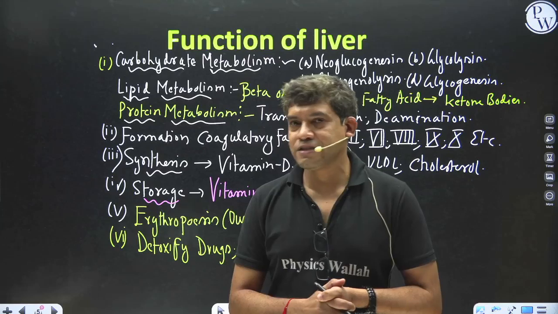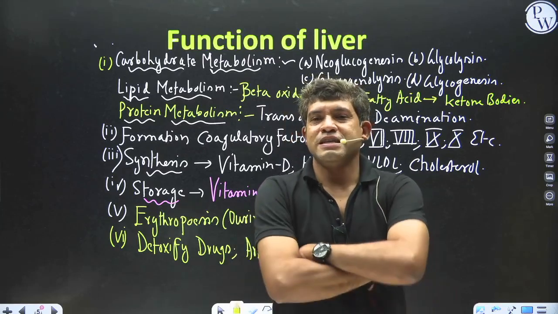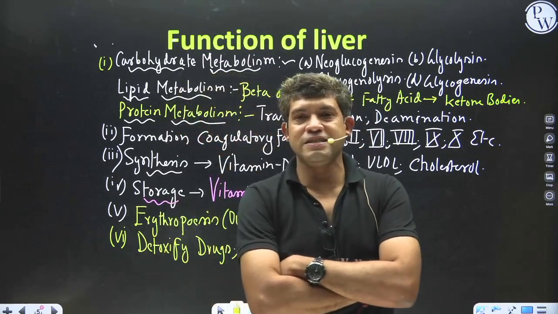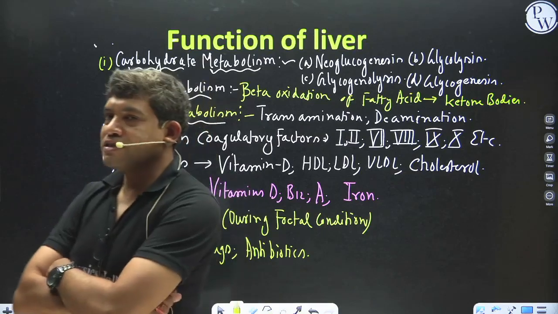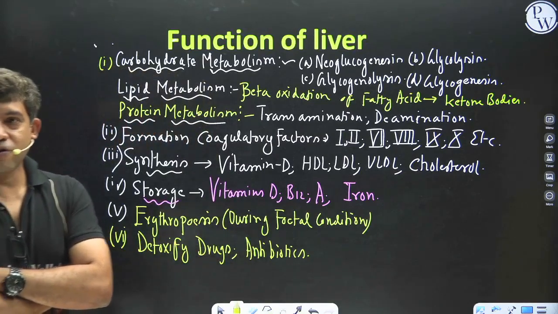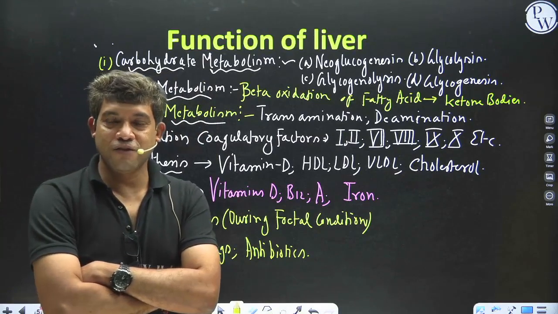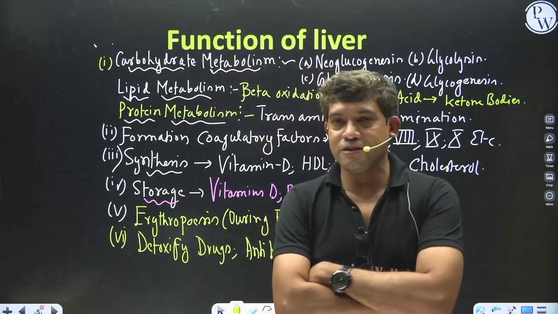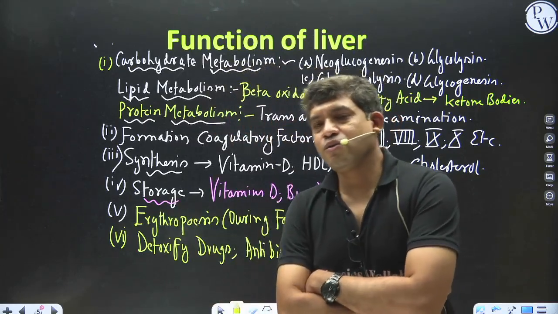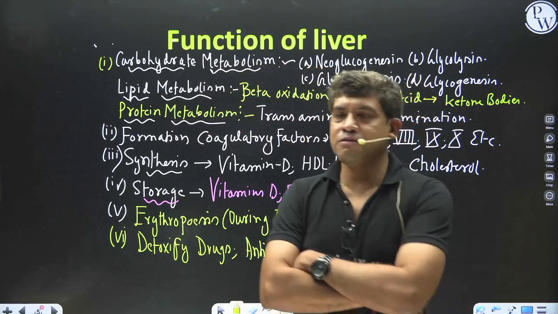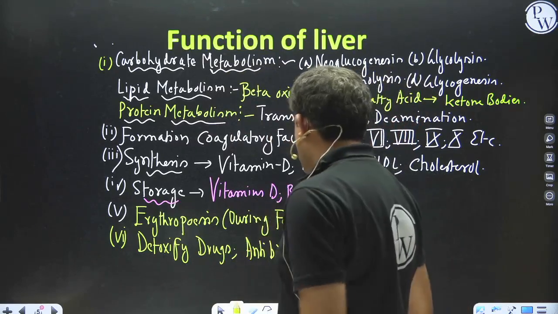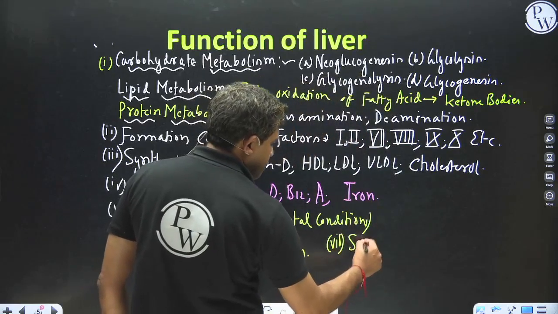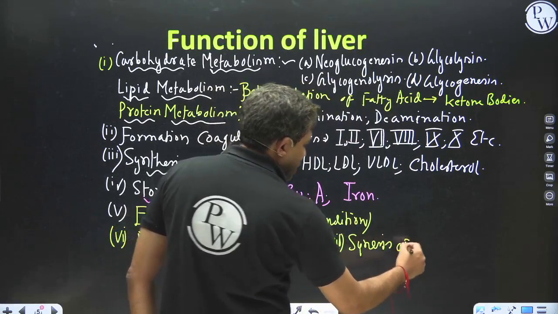Obviously the liver is associated with the synthesis of vitamin D, HDL, LDL and cholesterol synthesis. It can also store iron, vitamin D, and vitamin B12. In the fetal condition, it is associated with the synthesis of RBC, though it can also synthesize some important plasma proteins. If I am talking about other functions, you can say synthesis of plasma proteins.